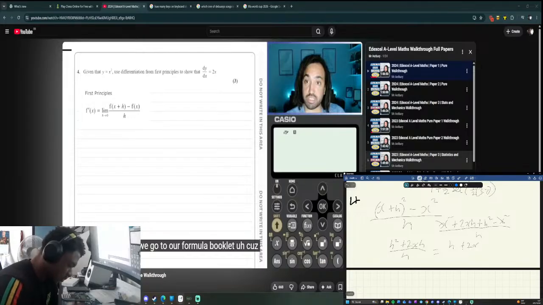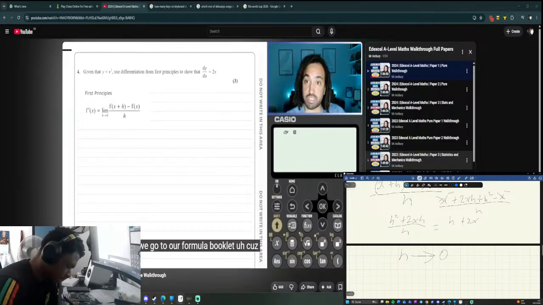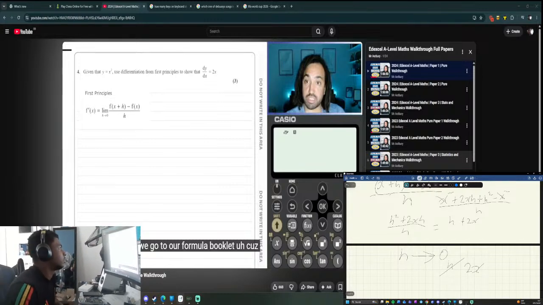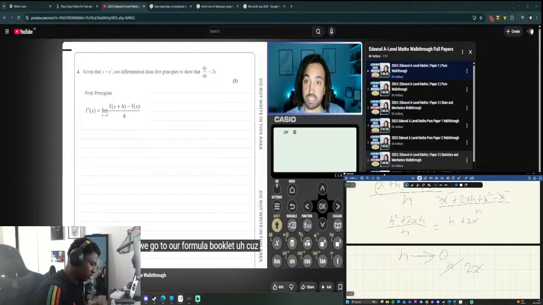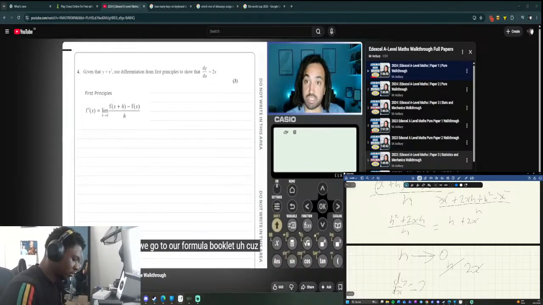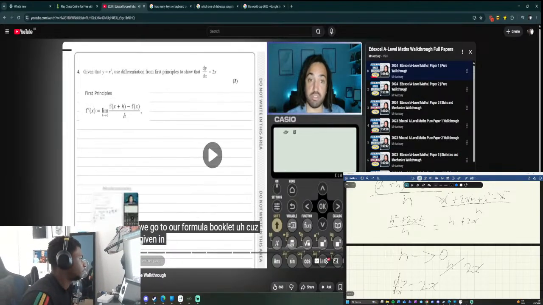And then when h goes to 0, the h will cancel, so you just have 2x. dy dx equals 2x. That's a simple one. It's given in the formula book.